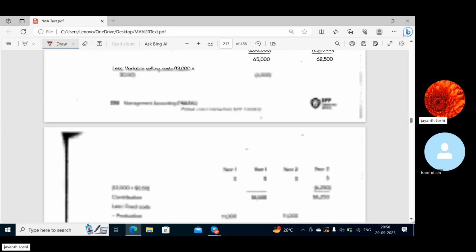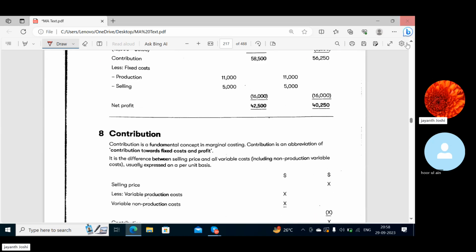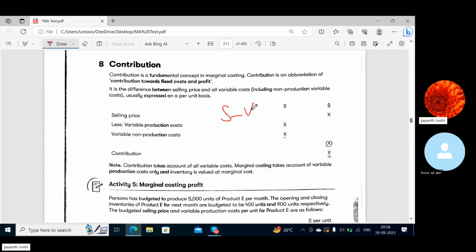Illustration 6, we will do this. And contribution I already explained to you. Sales minus variable cost is contribution. And under variable cost, what are we taking? Variable production cost.